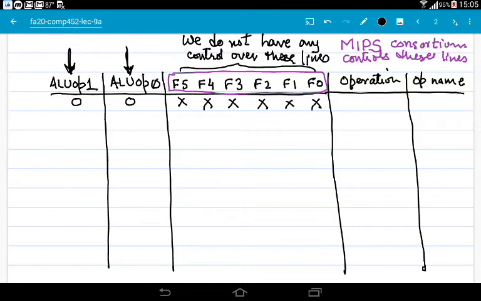And for addition, the output lines will be 0, 0, 1, 0, and this will be add operation, and in parentheses I am going to write for load word and store word instructions.